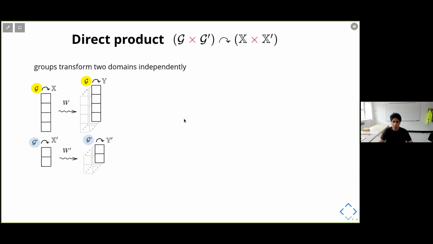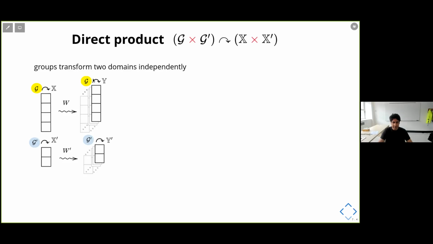More generally, we have the direct product of two groups, G and G prime, acting on a Cartesian product of sets. I have one feed-forward layer here, where G is acting on X, G is acting on Y, the output, and I have the corresponding equivariant map W. And I have another one for G prime.